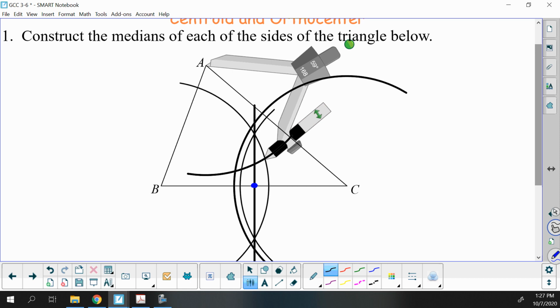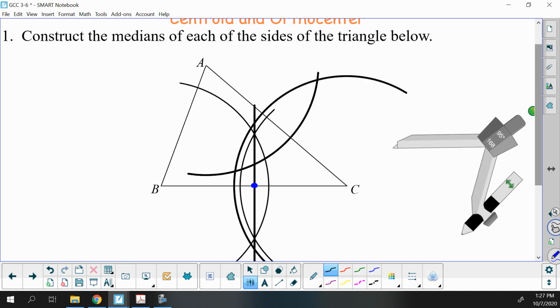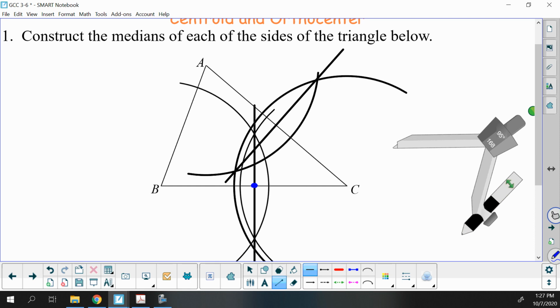So I'm swooping down, there's one intersection, swooping up, there's the other intersection. So I'm going to draw a line through my 2 intersections. And where that line crosses AC, that's our midpoint. So I'm going to put a dot there just to identify our midpoint.